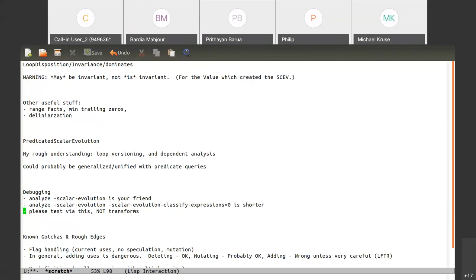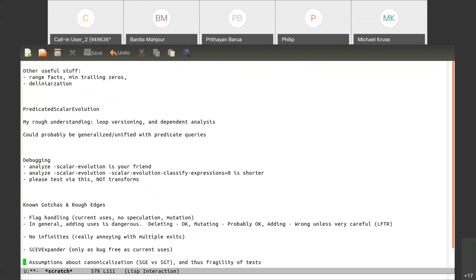We have a challenge today with SCEV where a lot of our test coverage is indirectly measured through transforms, which can make it very challenging, when making a change in SCEV, to figure out whether there is sufficient coverage, and when there is a change, whether it is a correct change? Please, please, please test SCEV, not the transforms on top of it.